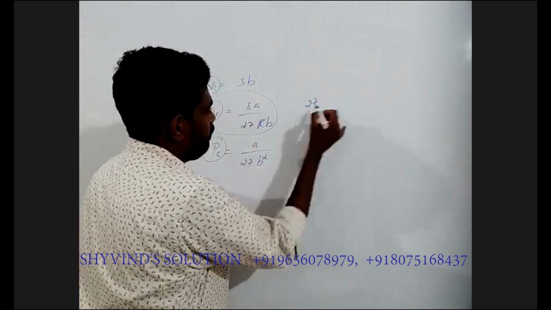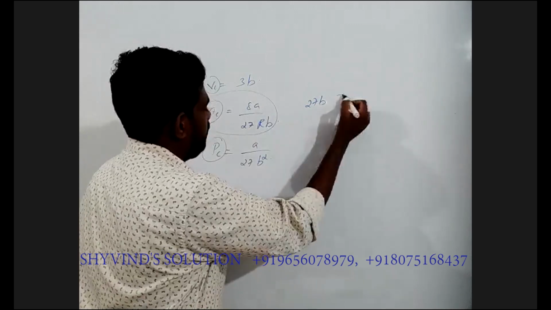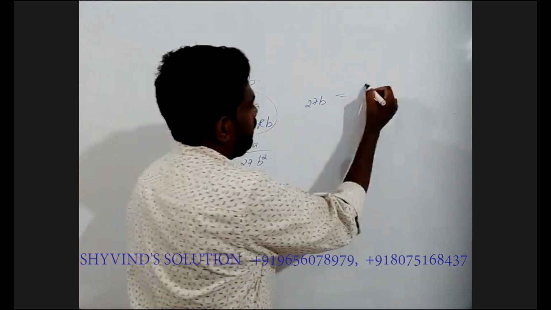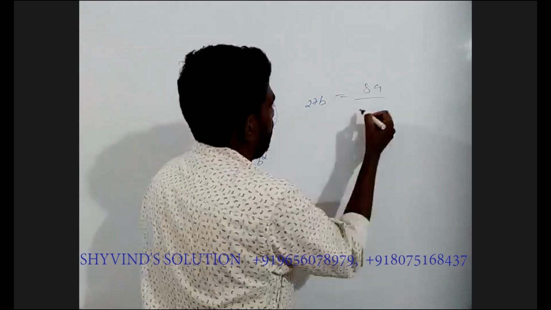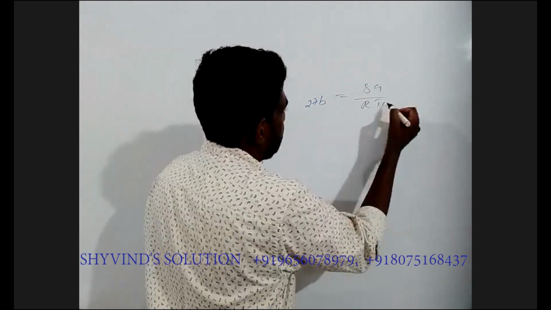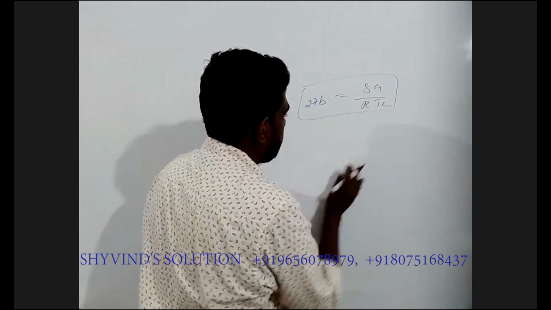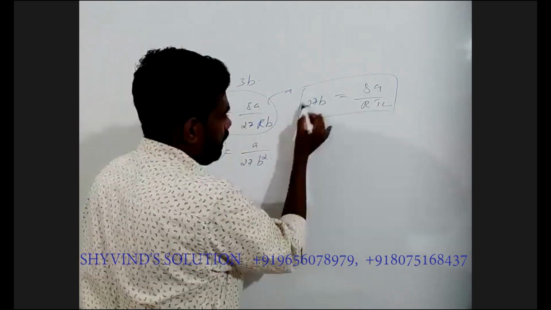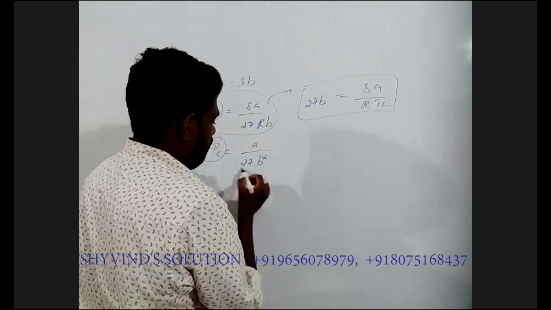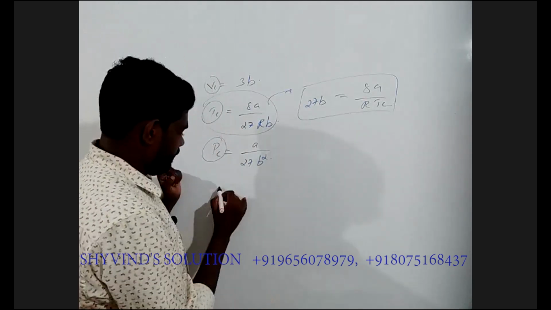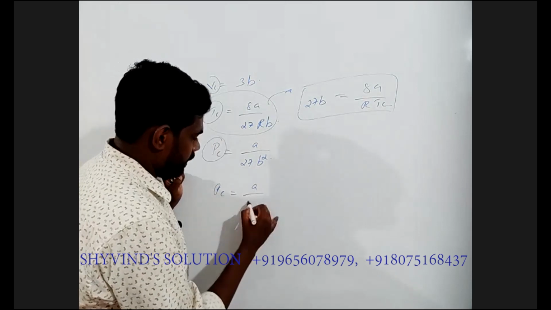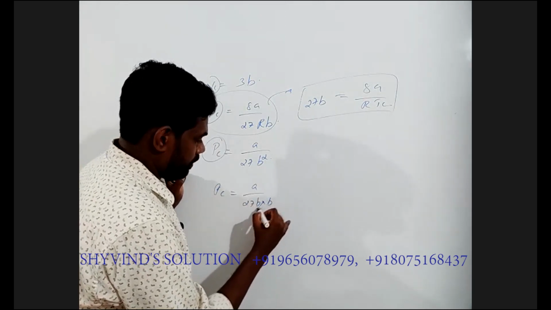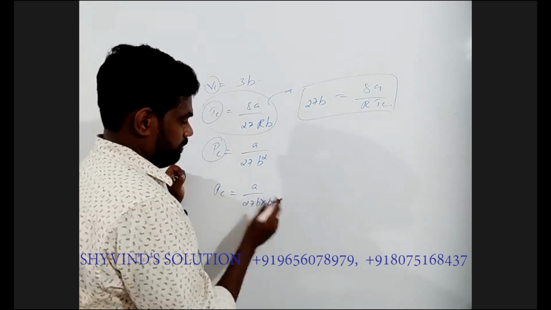Okay, so if we look here, from this one you can get 27B equals 8A divided by R TC. So you will get this relation. And if you substitute these values here we have PC equals A by 27B into B. So that is how we can represent B square.